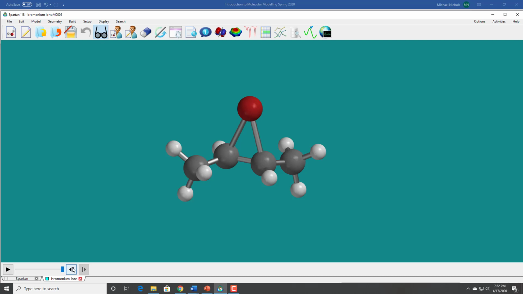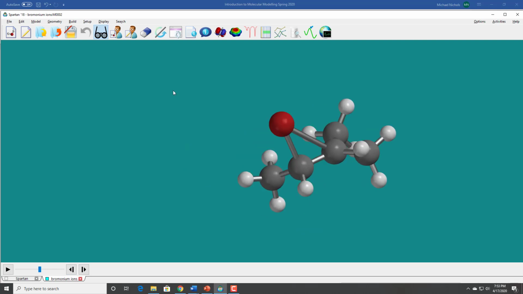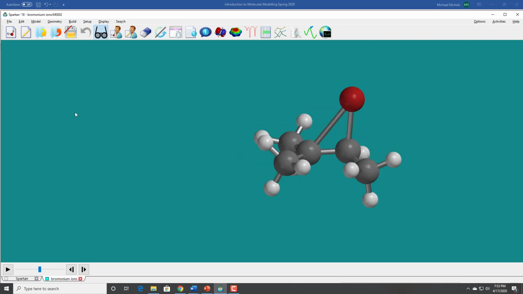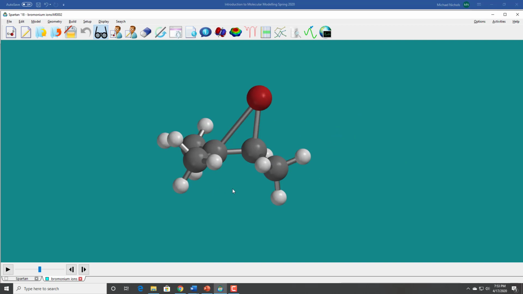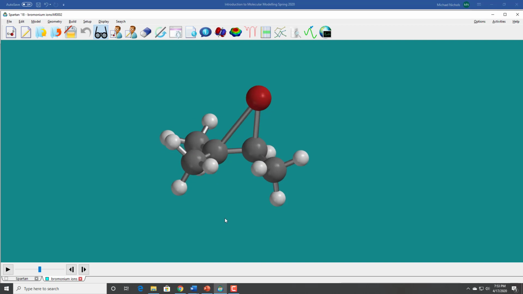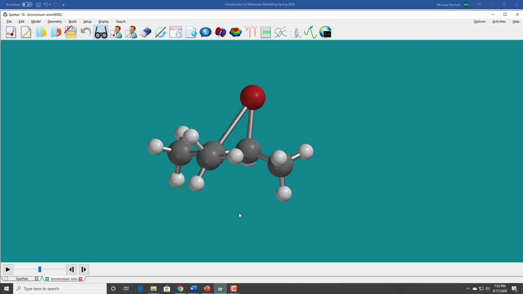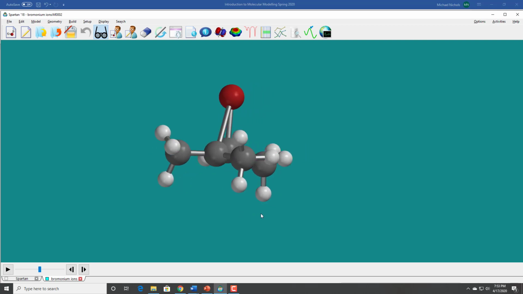Now, what about when I have, let me reorient this. How about when I have two methyl groups on one side and one methyl group on the other? What do you notice about that structure?